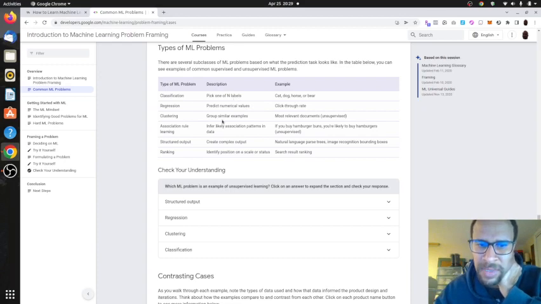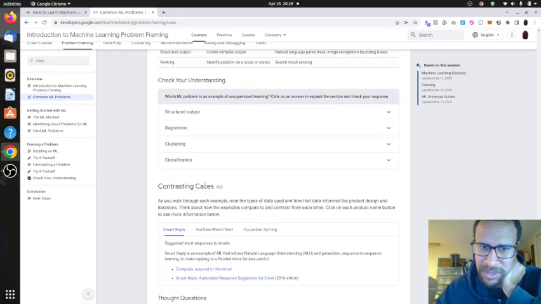Clustering: group similar examples, like most relevant documents. Association: infer likely associating patterns in data. Structured output: create complex output, like natural language or parse trees. Ranking: identify positions on a scale or status.